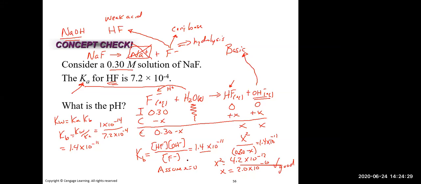That means that when we finally go to our table, we see that x is equal to our OH minus, which means our OH minus concentration is 2.0 times 10 to the minus 6. That gets us our pOH.